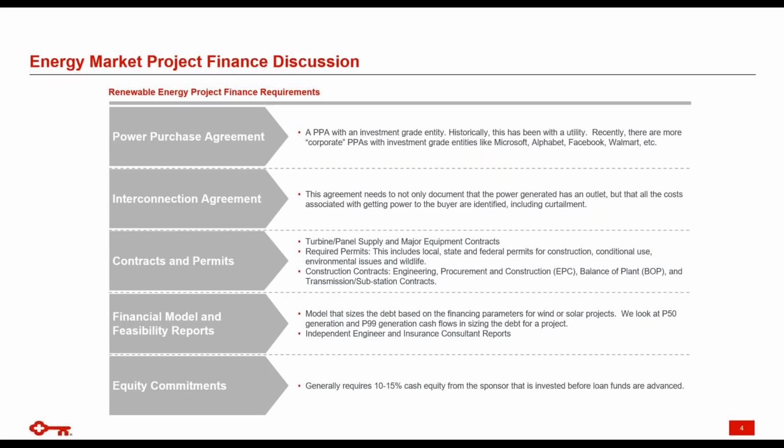And finally, bringing in equity to the project as well, and whether that's tax equity or developer's equity, other forms of equity, making sure that those things are secured and provided for the project.